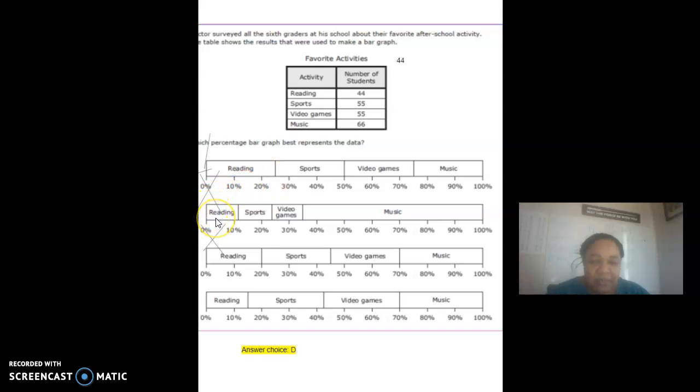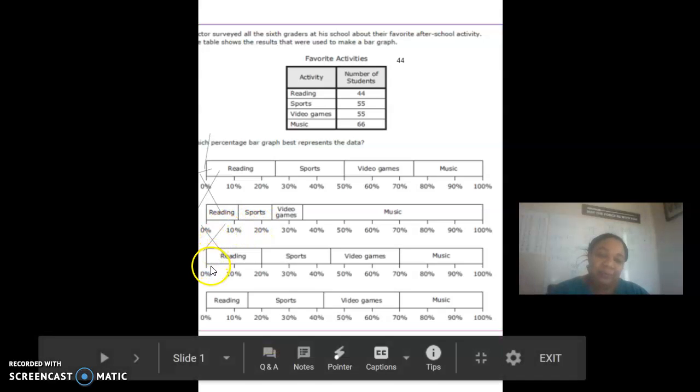So let's go to B. From 0, it looks like it's going to about 15%. But I'm looking for 20%. It should be over here, but it's not, so I know that's not right. Now look at C. 0 to 20%. Yes.